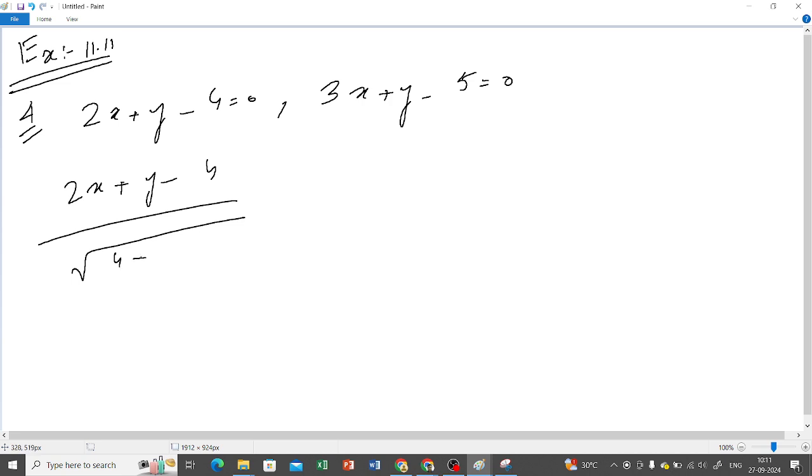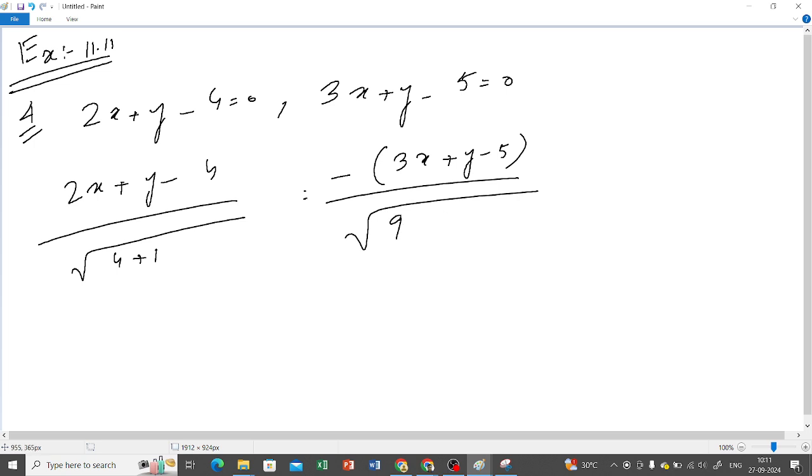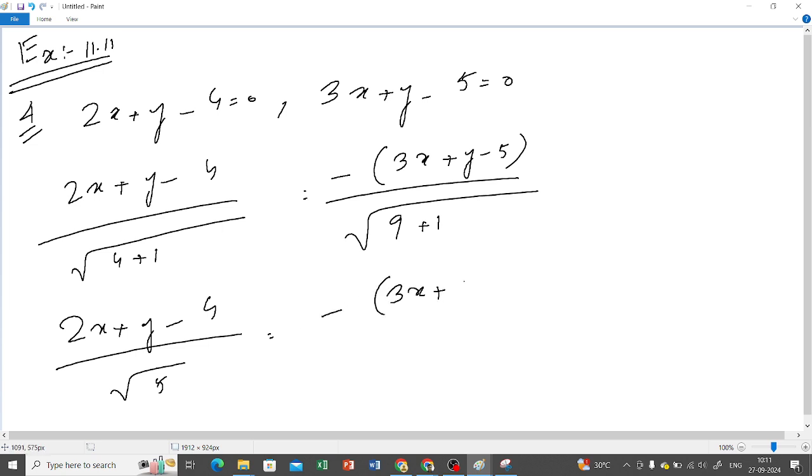So that is going to be 4 plus 1 and minus 9 plus 1. That is going to be root over 10.